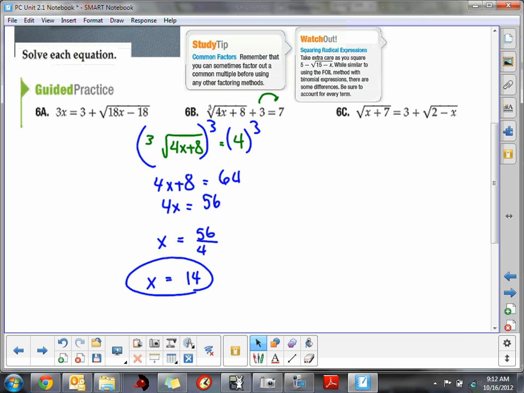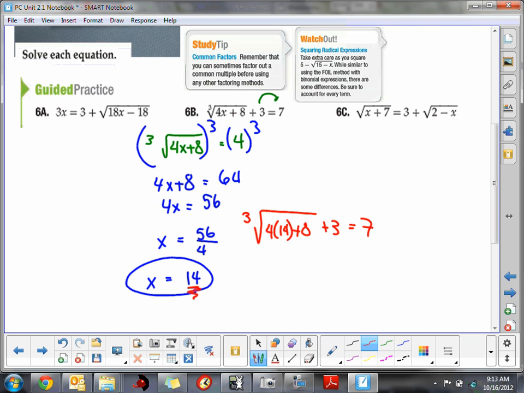Again, staying really disciplined with these. It's probably more important with the even roots than the odd roots, but it's still good practice to plug these back in and make sure they're going to be fine. So we go to the cube root of 4 times 14 plus 8. We add 3, and we want to check to make sure we get 7.